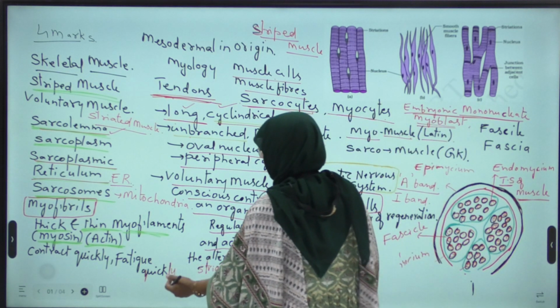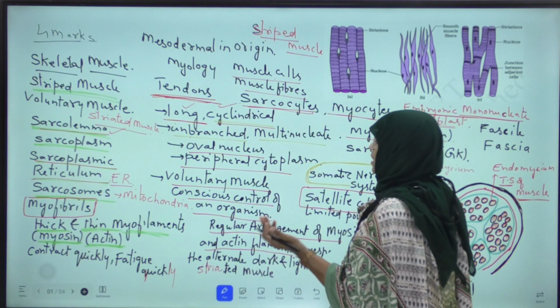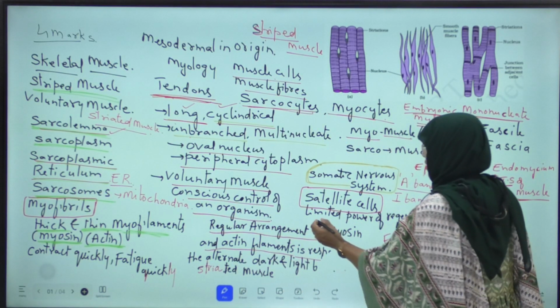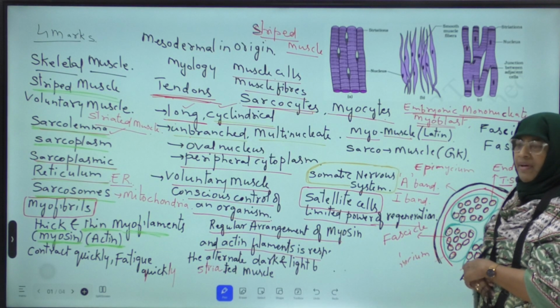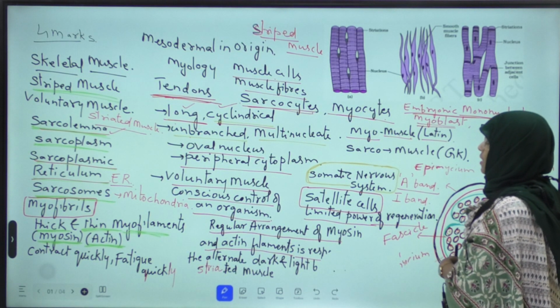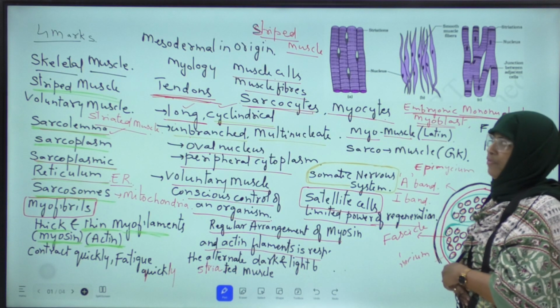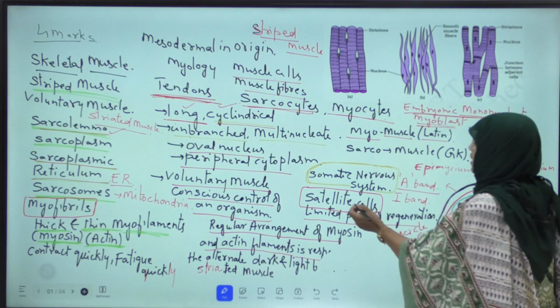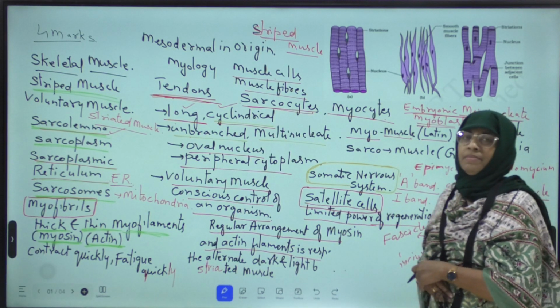They fatigue quickly means they are tired quickly. This skeletal muscle shows limited power of regeneration. The special cells involved in the regeneration of muscle cells are satellite cells. These satellite cells are nothing but stem cells.